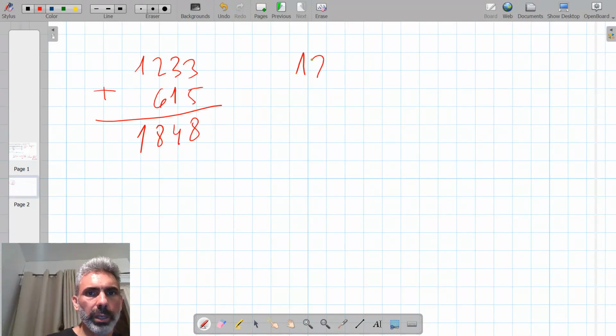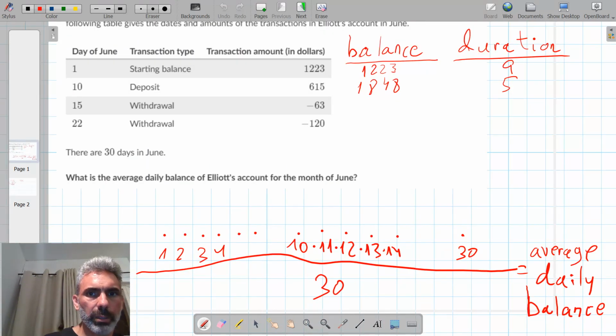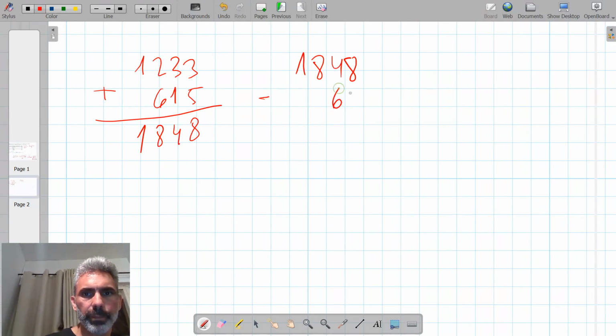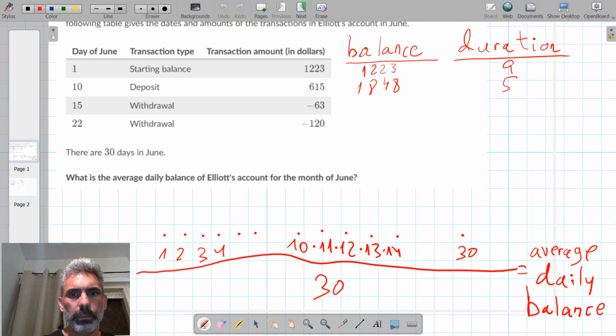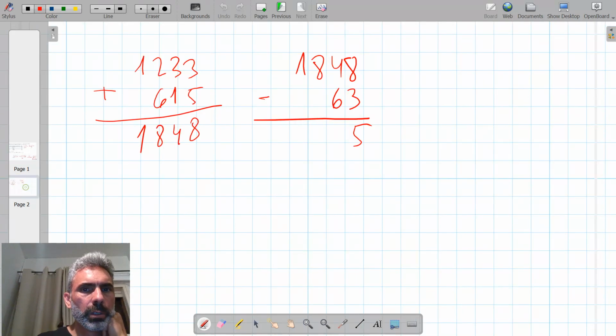So 1,848 minus 63. 8 minus 3 is 5. I don't want to make another mistake here, because I already made a mistake twice in this question, so I'm verifying that I'm not making any calculation errors.